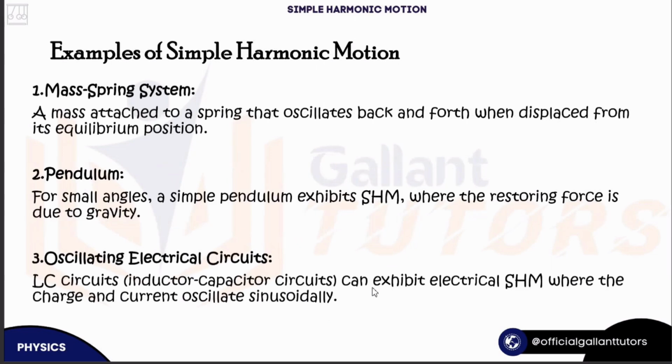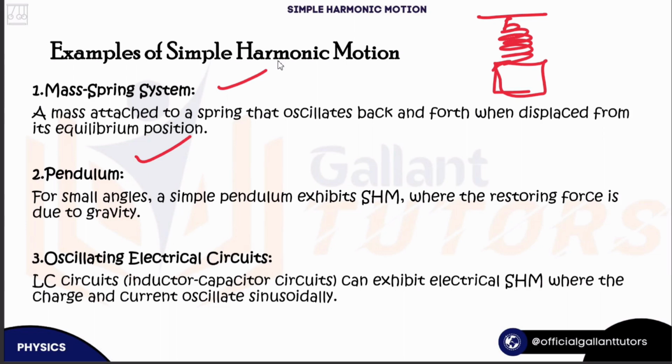Now, what are the examples of simple harmonic motion you have to know? The first is the mass spring system. A mass is attached to a spring that oscillates back and forth when displaced from its equilibrium position. Next is the pendulum. Both of them are common examples of simple harmonic motion.